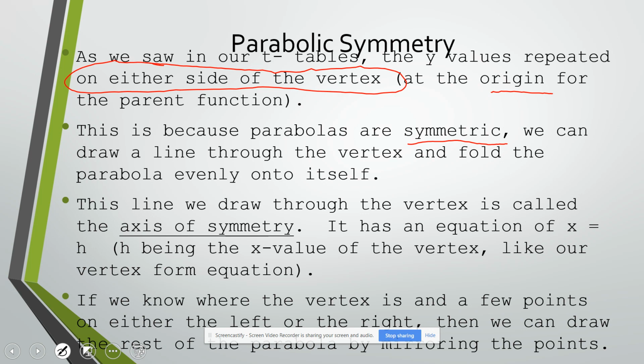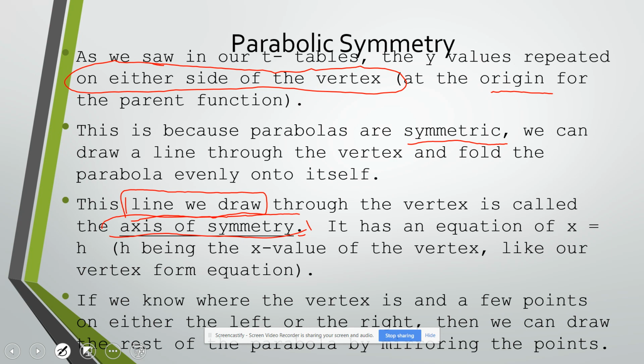Remember, symmetry means that we can draw a line through our graph or our figure, like a square or rectangle, and we can fold it evenly onto itself. And this is the case on a parabola as well. This line that we can draw is called our axis of symmetry.